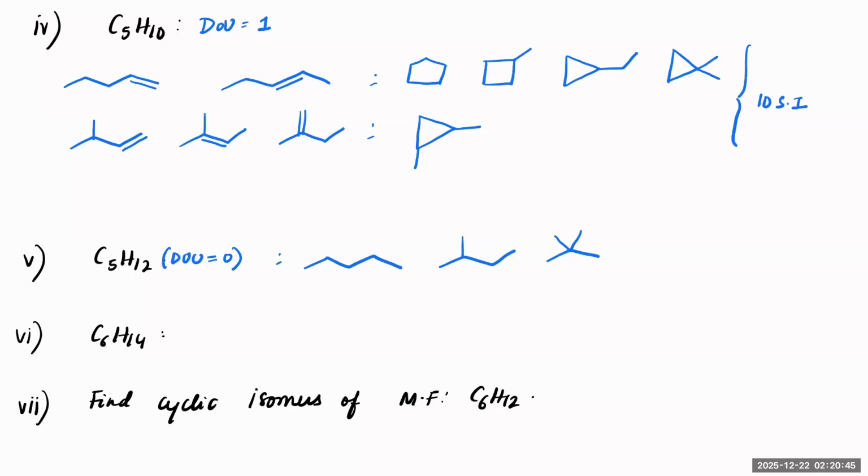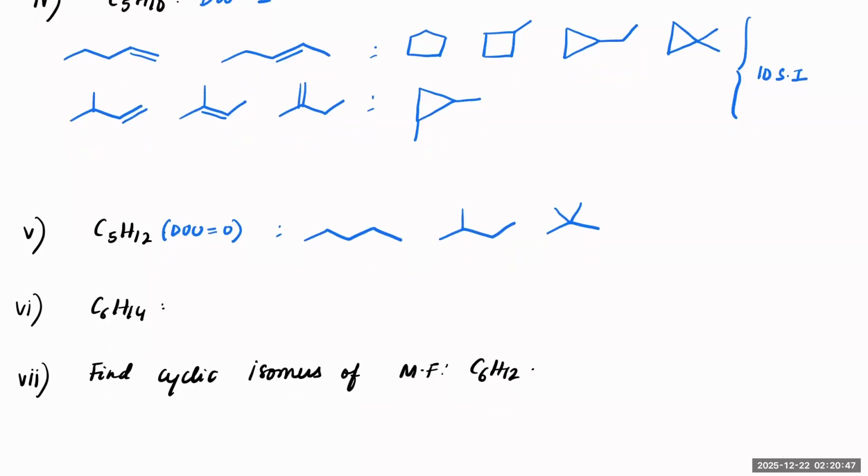Likewise, if you have 6 carbons, here the degree of unsaturation is 0.